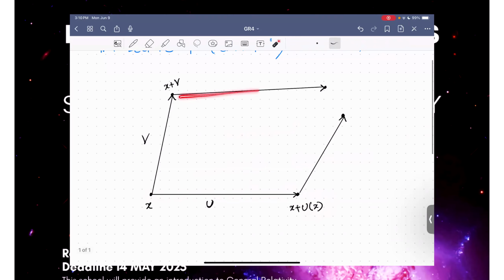And this one is u at x plus v. So it's the same vector field, but evaluated at a different point, at x plus v. And similarly, this will be v at x plus u. It's the same vector field as v, but located at a neighboring point. Instead of x, you look at x plus u.